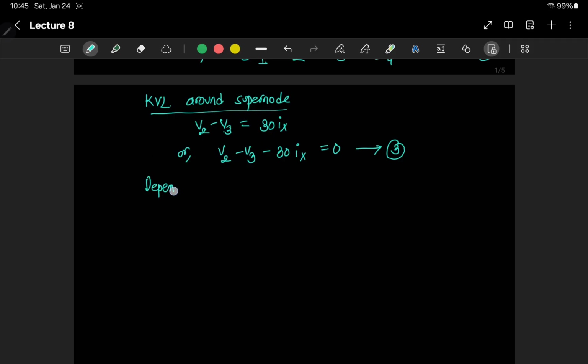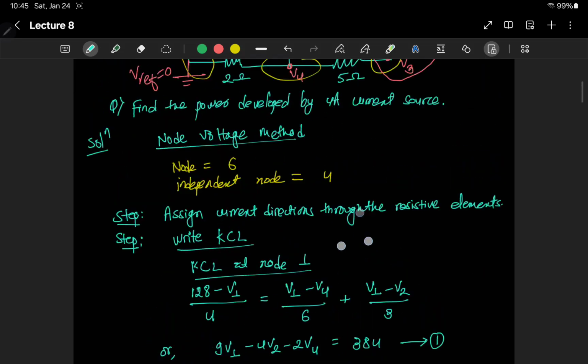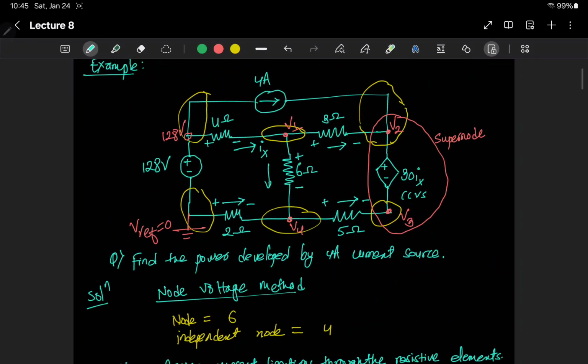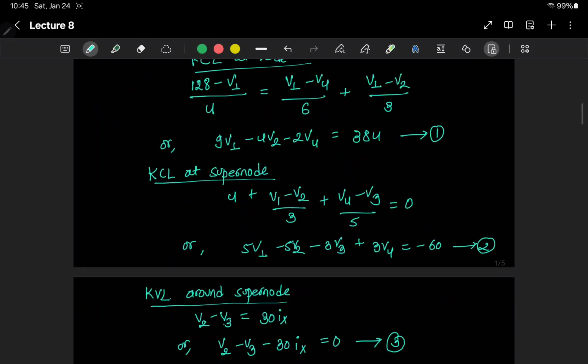We can apply Ohm's law around node 1: 128 minus V1 divided by 4 is equal to Ix. This comes from this part of the circuit. That's the Ohm's law there.